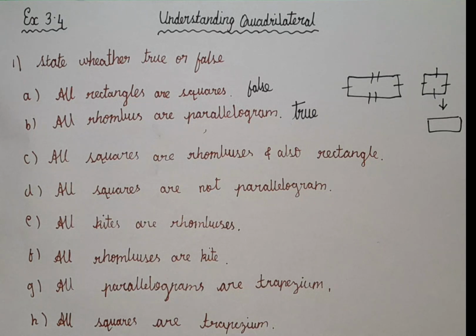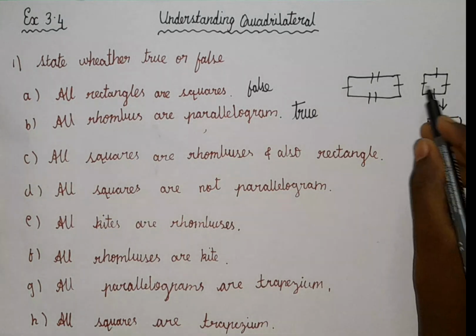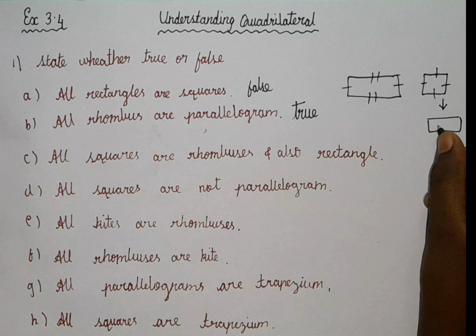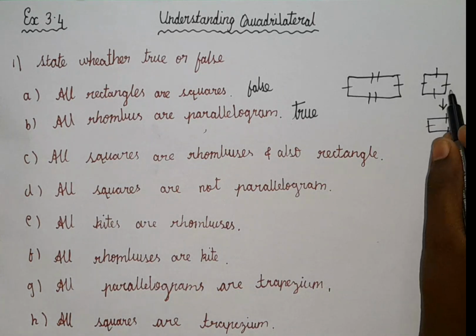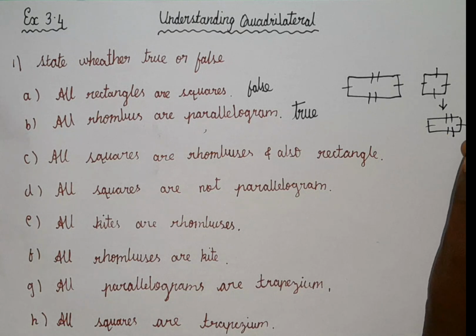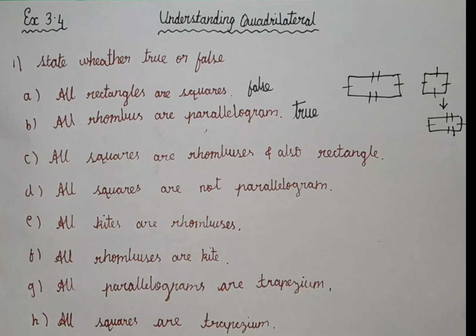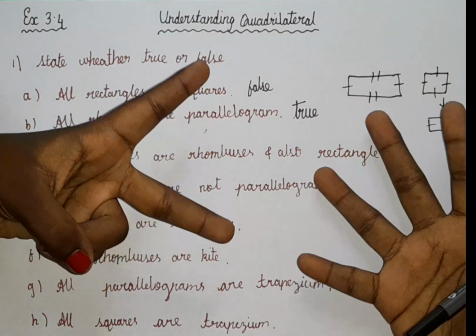It can be, because in a square all four sides are equal, but in a rectangle only the opposite sides are equal. So a square can be a rectangle because the property of a rectangle is two opposite sides are equal. In a square four sides are equal.